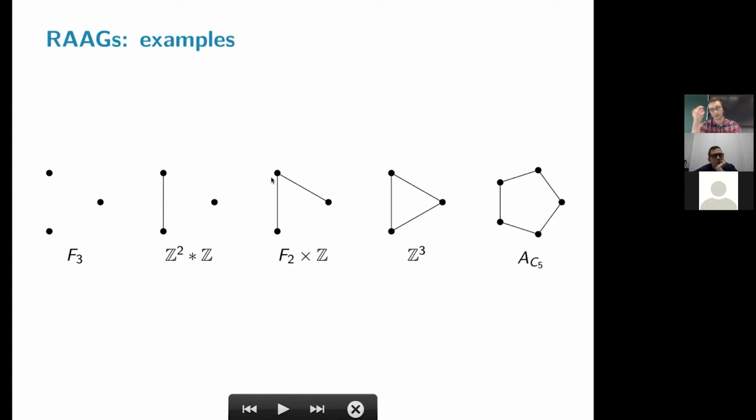And then as a final case, we have this one. We have two edges. The two vertices below will generate a free group, and these two vertices commute with the third one. So we will get another free abelian group and then a direct product among them. In this way, we might suspect that we don't get any new groups, but that is not the case.